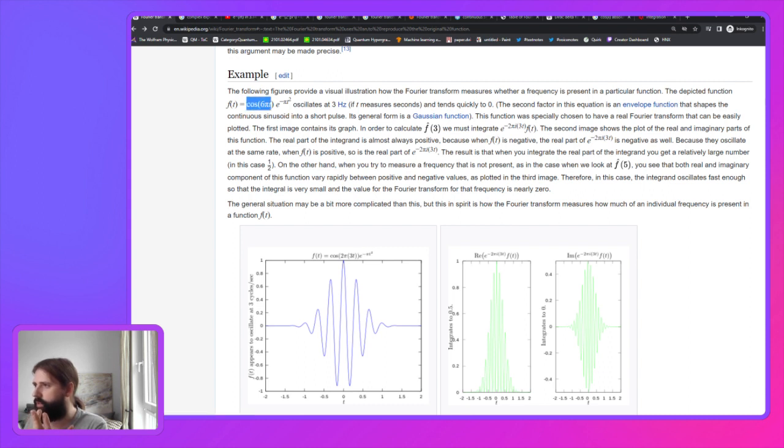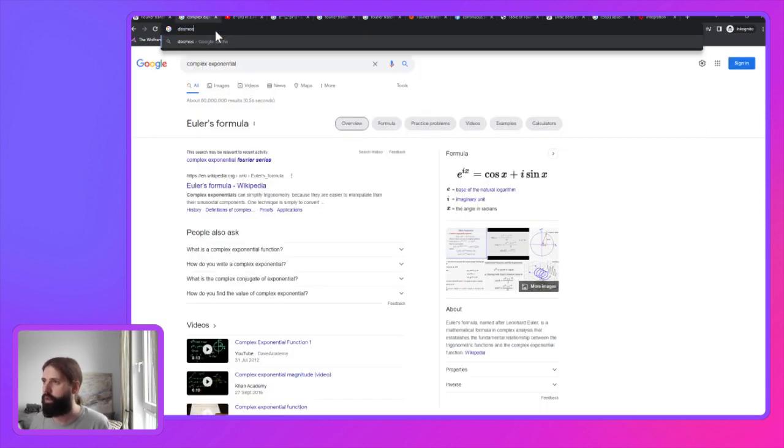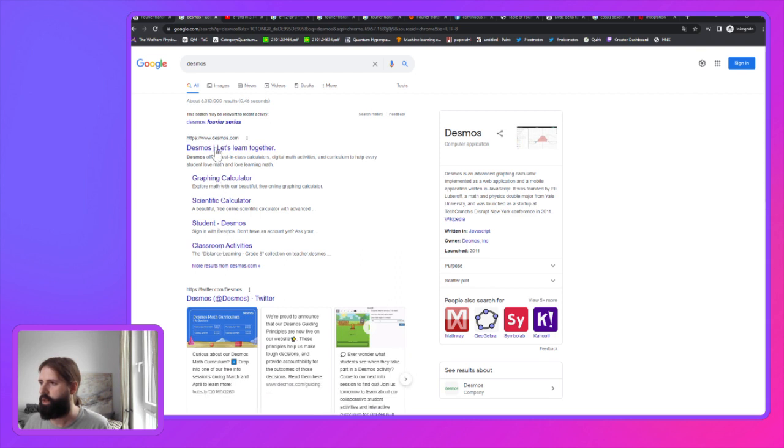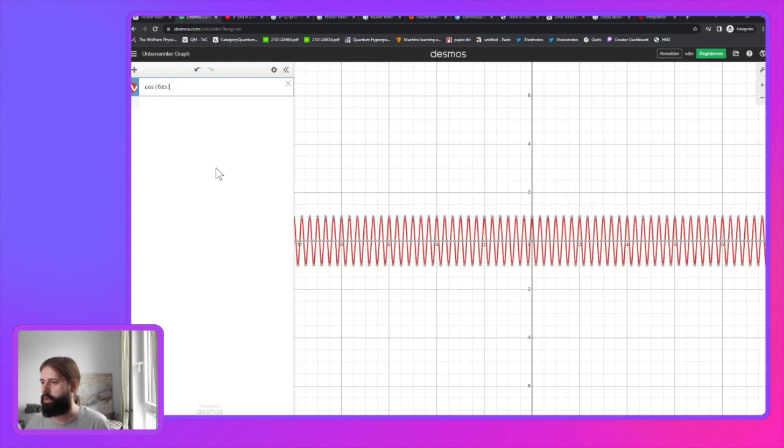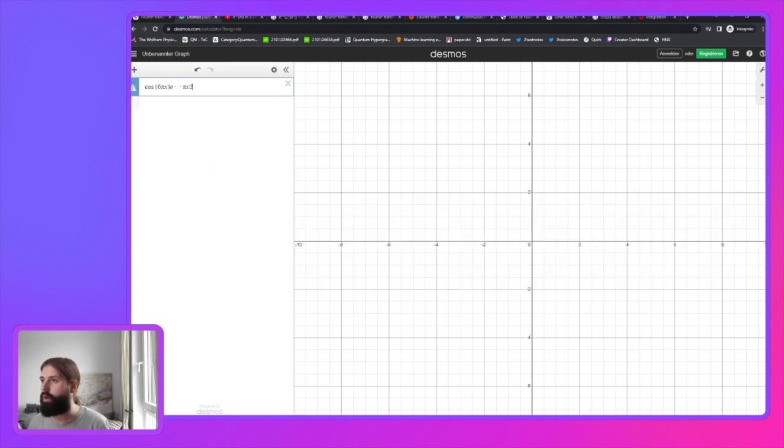But I could still try to take this function and go to Desmos, see if I can plot that. X, E, so E to the power of, no, how's power?